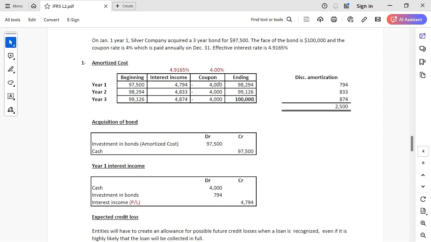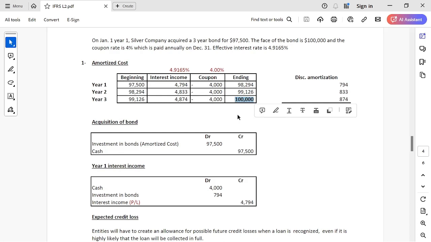Another point that we're going to be looking at when we look at the verbiage: these payments are constant payments of 4,000. Aren't these interest payments? Yes, they are. And this 100,000 that's going to be paid at maturity, isn't this the principal payment? Yes, it is.